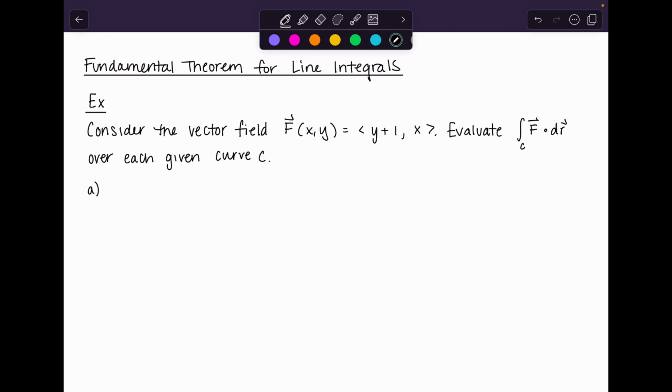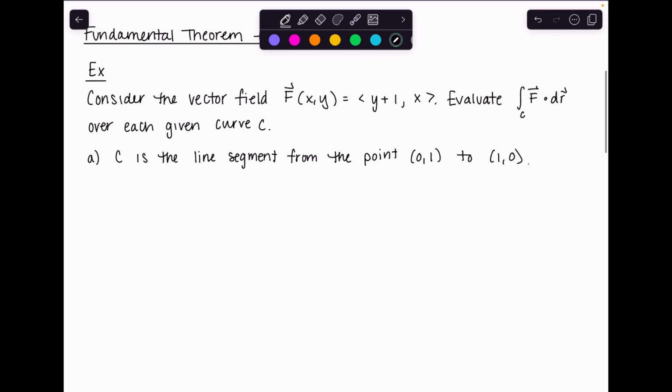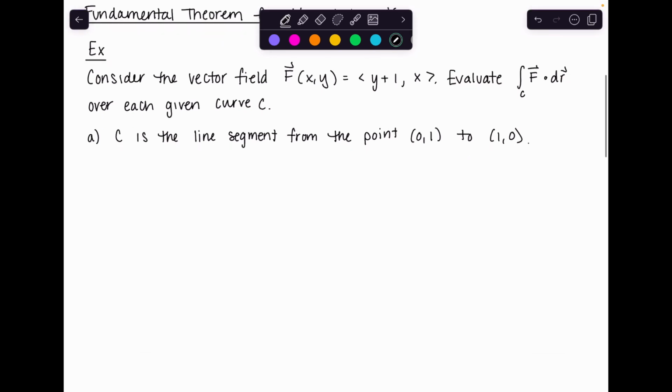So we're going to start with C being the line segment from the point (0, 1) to (1, 0). So when you're working with line segments, I'm going to show you a specific way that's very beneficial.